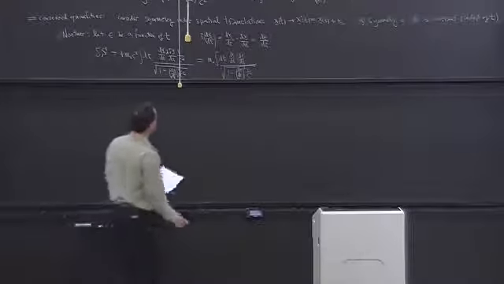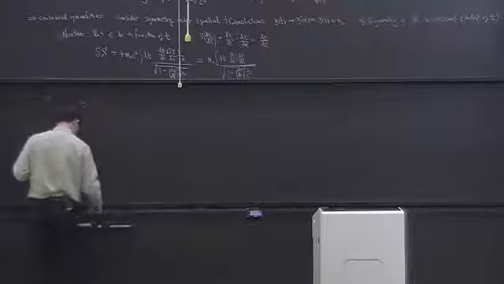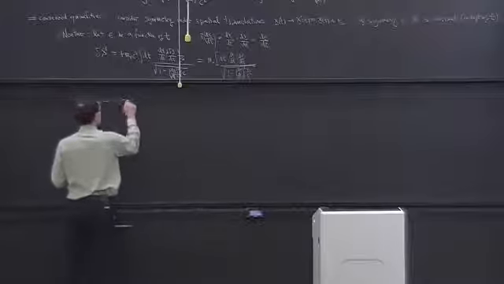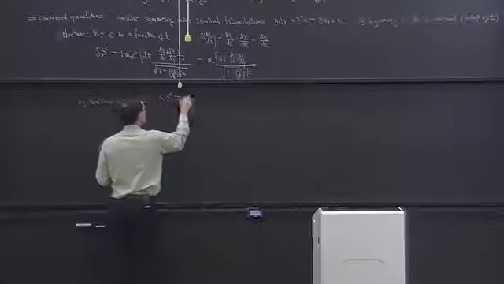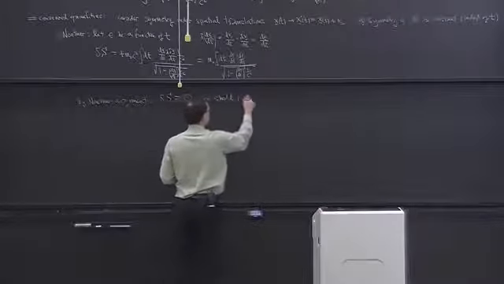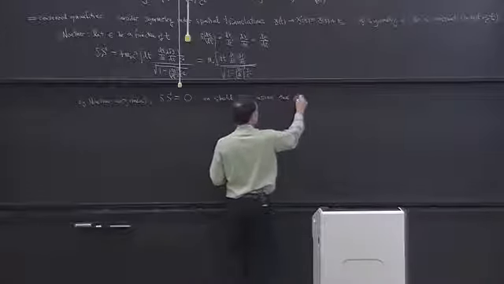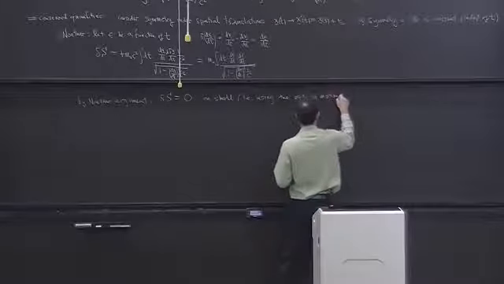Okay, so by the Noether argument, delta S equals 0 on shell, right? I.e., using the equations of motion. Why?